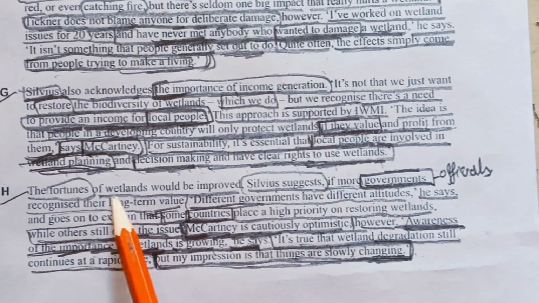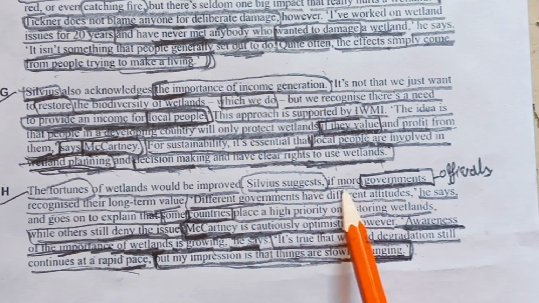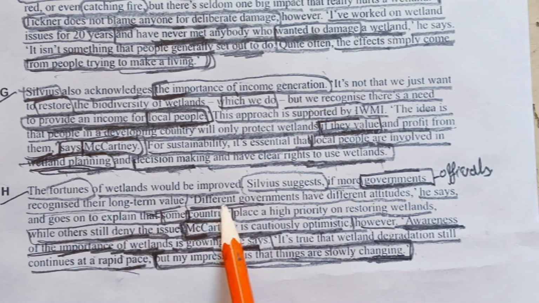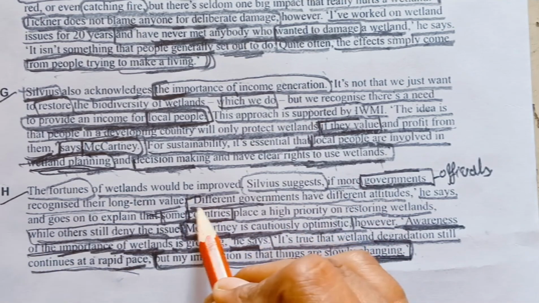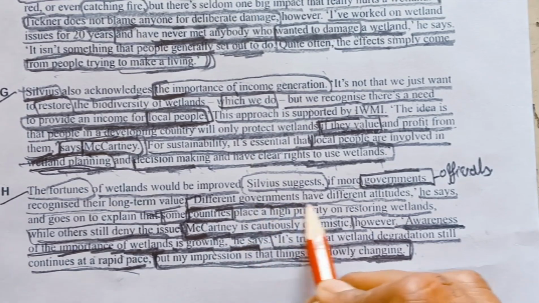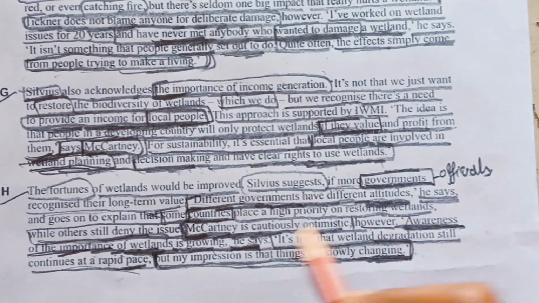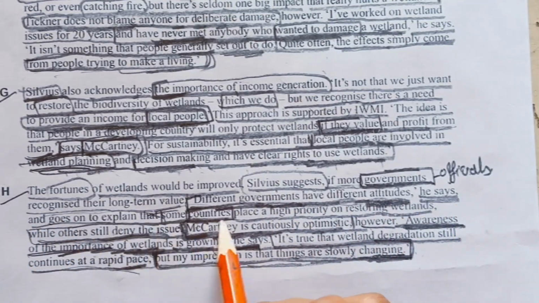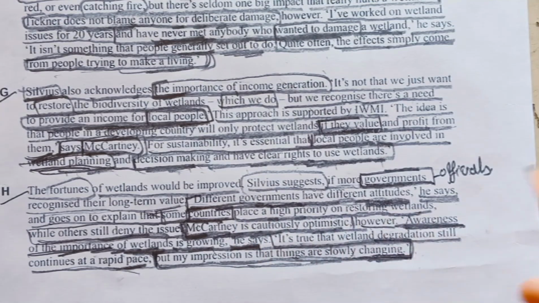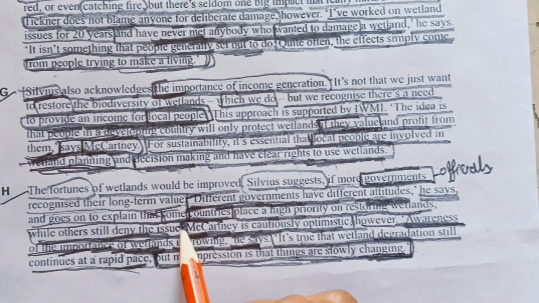The fortunes of wetlands would be improved, Sylvia suggests, if more governments recognize their long-term value. Different governments have different attitudes, she says, and goes on to explain that some countries place a higher priority on restoring wetlands while others still deny this issue.